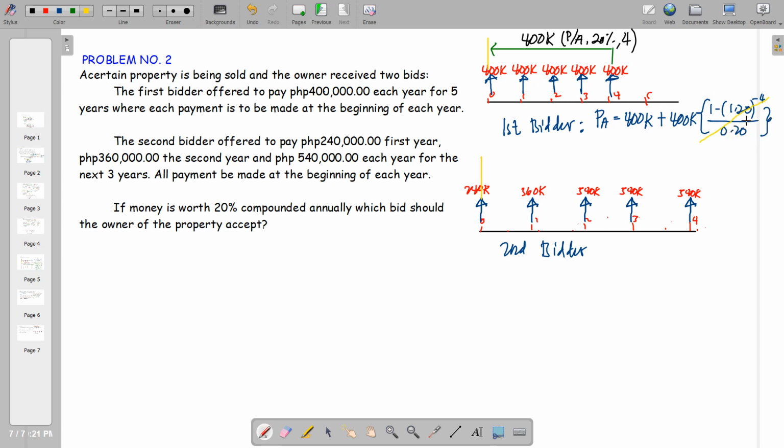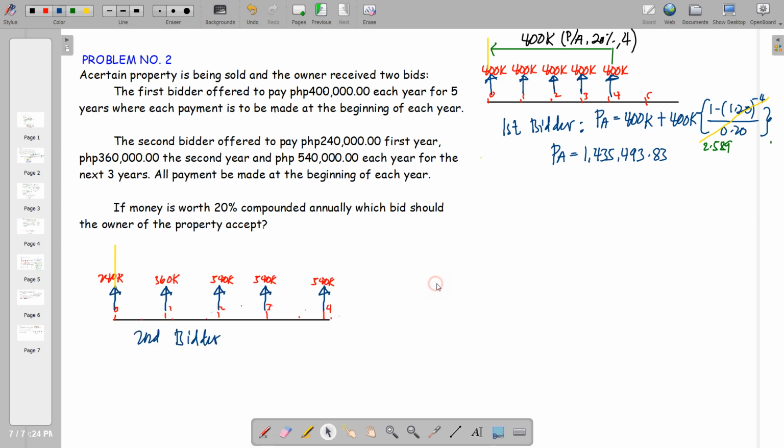So we calculate this value. We have 2.589. Then we can calculate now our PA to be equal to 1,435,493.83. So it is a decent offer, but we cannot decide yet because we need to also compute for the present worth of the second offer. So perhaps we can move it here.